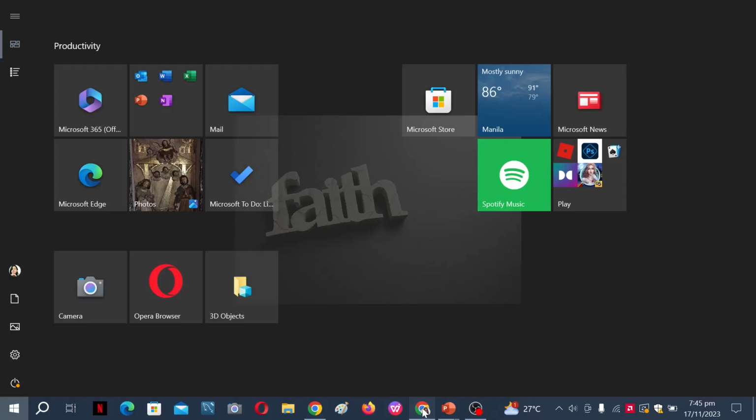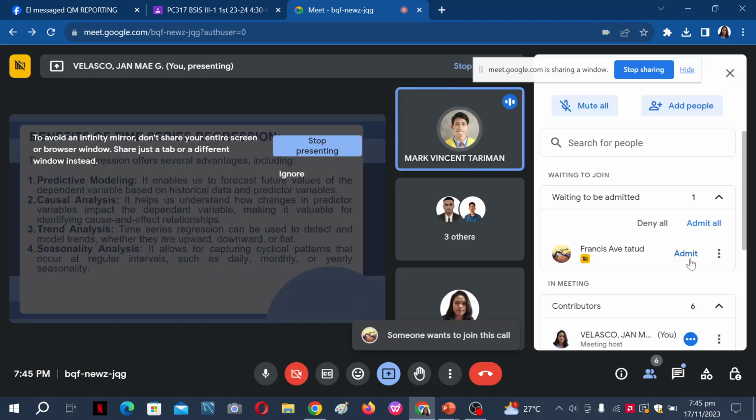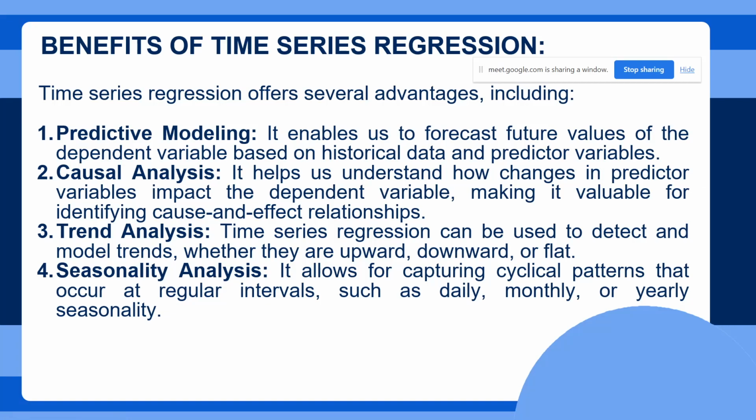It enables us to forecast future values of the dependent variable based on historical data and predictor variables. So time series regression is a powerful tool for predicting future values of a dependent variable by analyzing its historical data and incorporating its predictor variables.